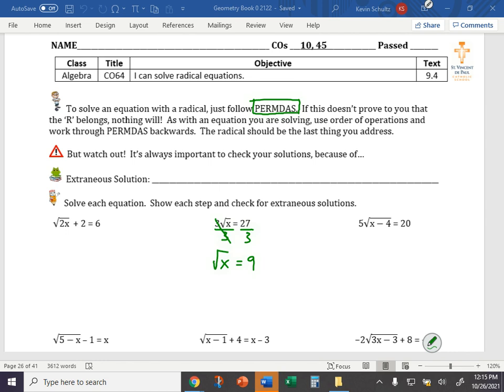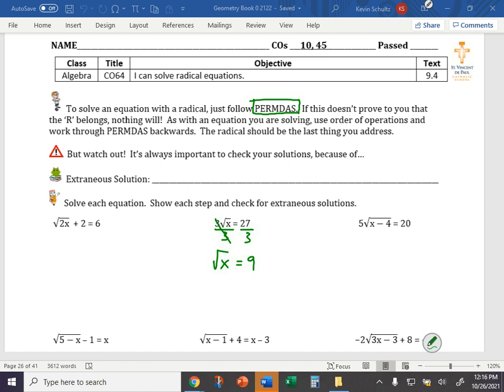And PEMDAS people, they don't know what to do next. PEMDAS people, we know that if we're taking the square root of x and we want to undo that operation to get x by itself, what is the opposite of taking a square root? What is the opposite of taking a square root?